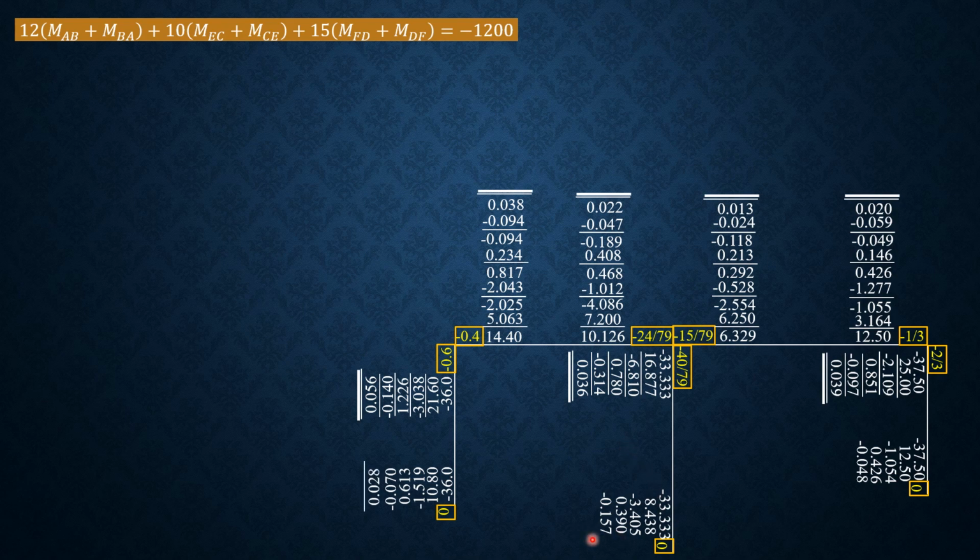Adding these moments, negative 28.049. Adding these moments, it should be negative 13.816. Adding these moments, negative 25.656. So these are the moments in the second phase.